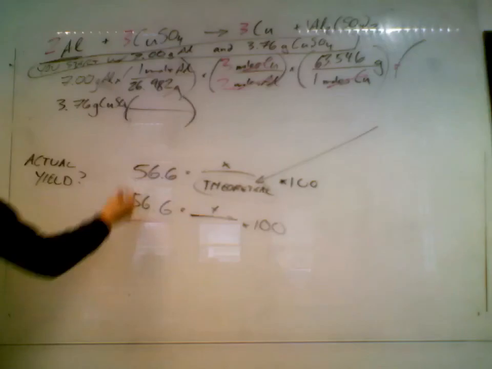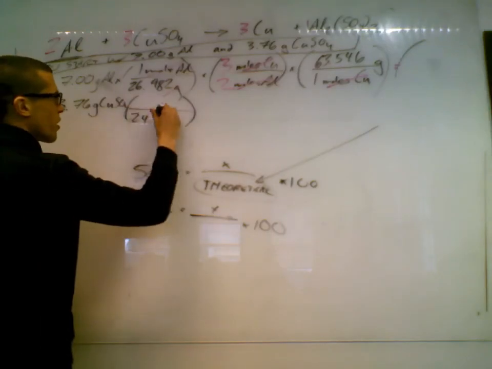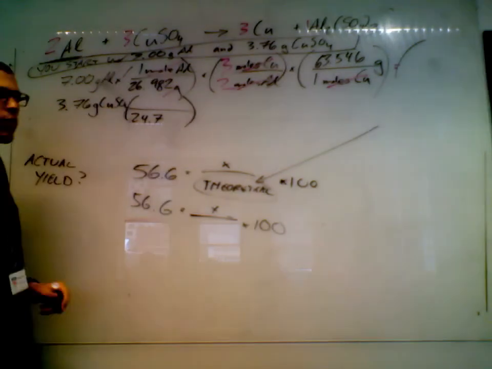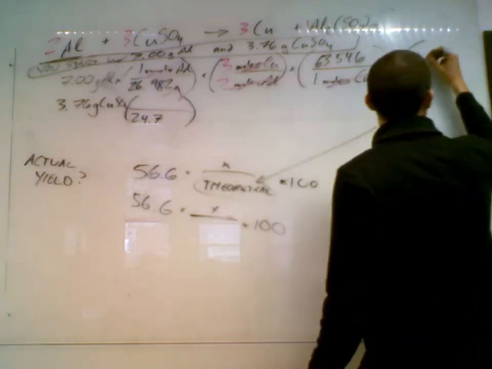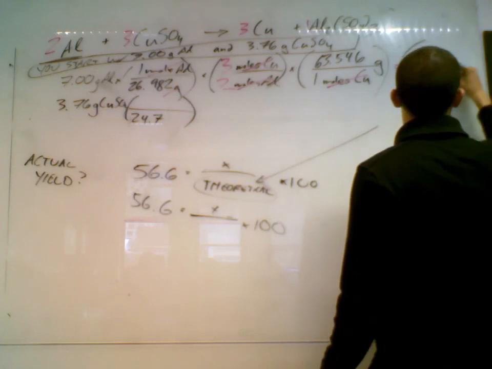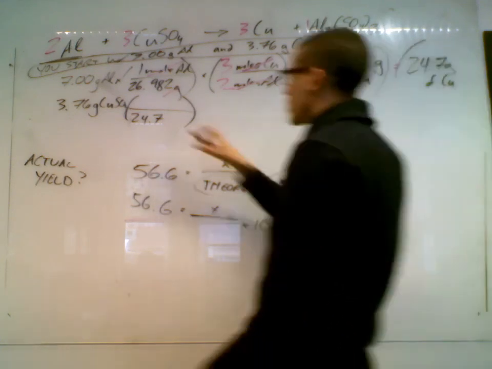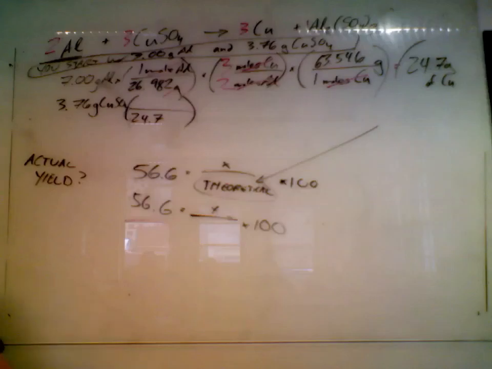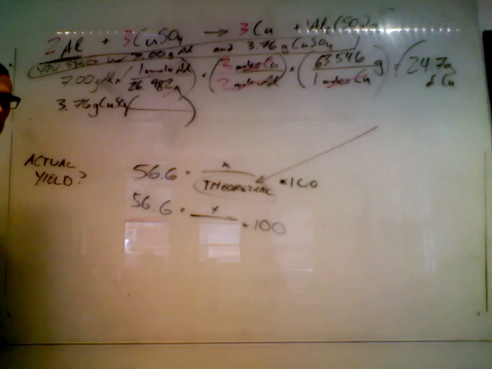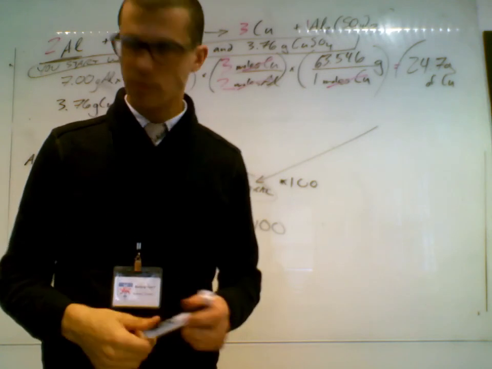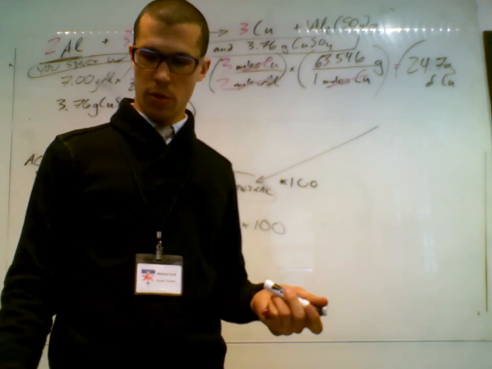It's 24.7 grams, and that's going to be of Cu, that's a product. Over here, we need to put in all of our molar masses. What's the molar mass of Cu?